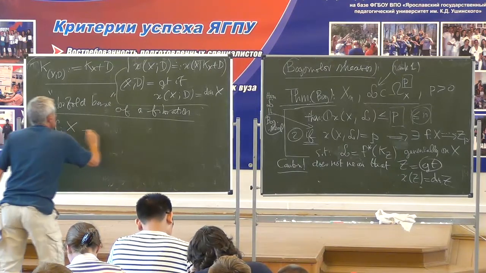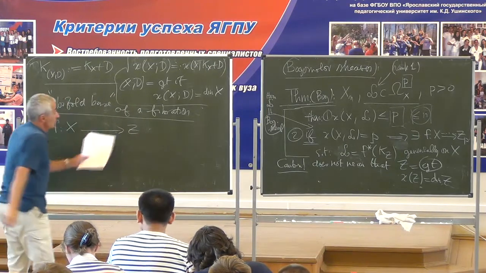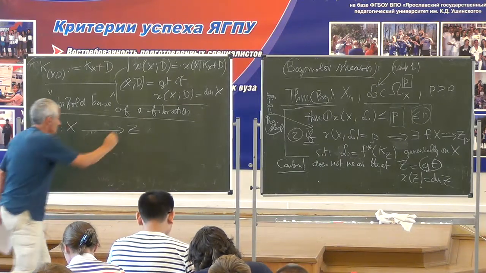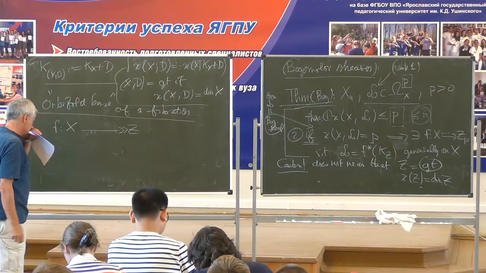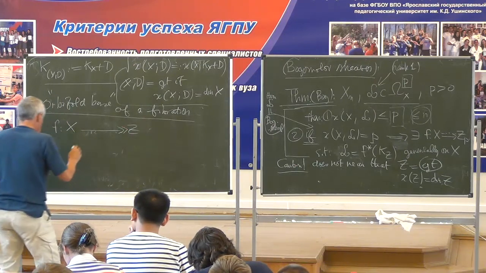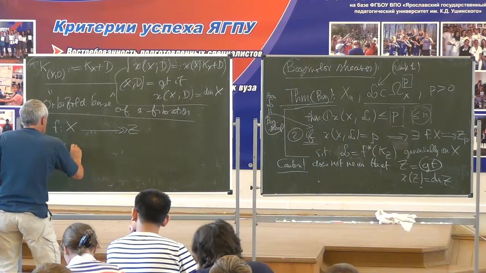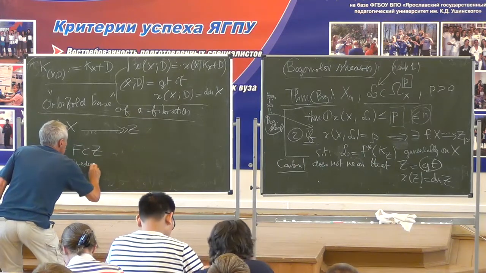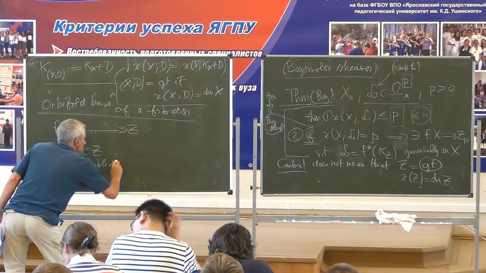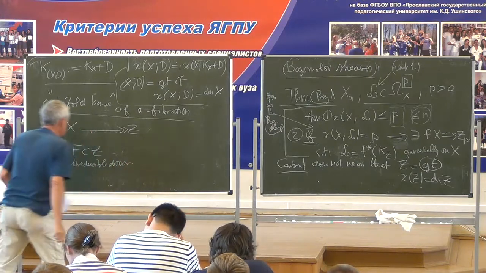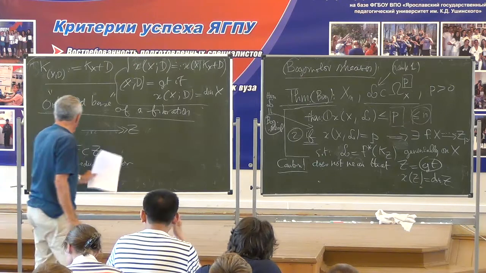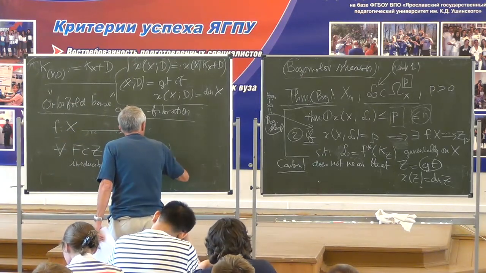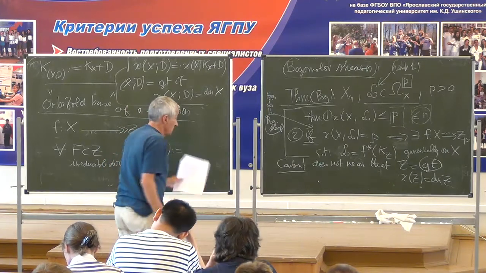Now we have X, which goes onto Z, and I assume that the fibers are connected, for example. This is onto, and I will define first, for any F in Z, an irreducible divisor, a multiplicity. m_F of F will be the following thing.